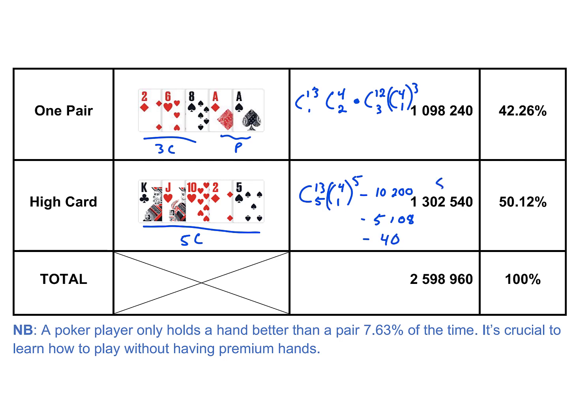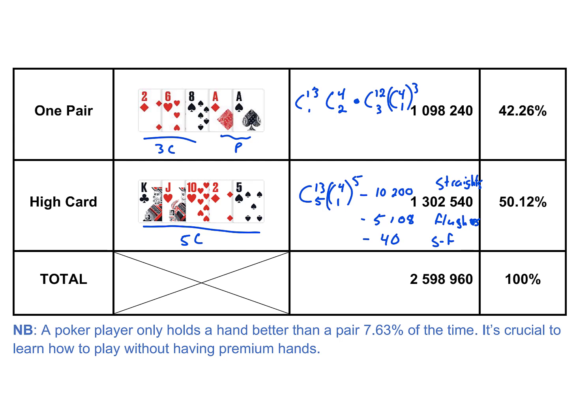So that would be the straights. That would be the flushes. And then that would be the straight flush, right? And when you do 13 choose 5 times 4 to the 5 minus those three numbers, you should get 1,300,000-ish.